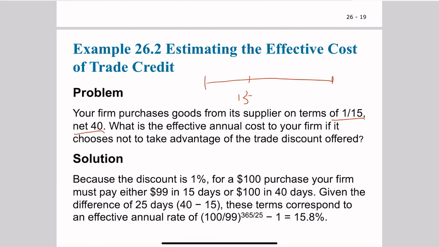So let's assume the total amount is 100. Then a 1% discount means the customer will only need to pay $99. And if the customer decides to not pay on day 15, it will pay on day 40. Then the payment would be 100. So you can see that this is a length of 25 days.